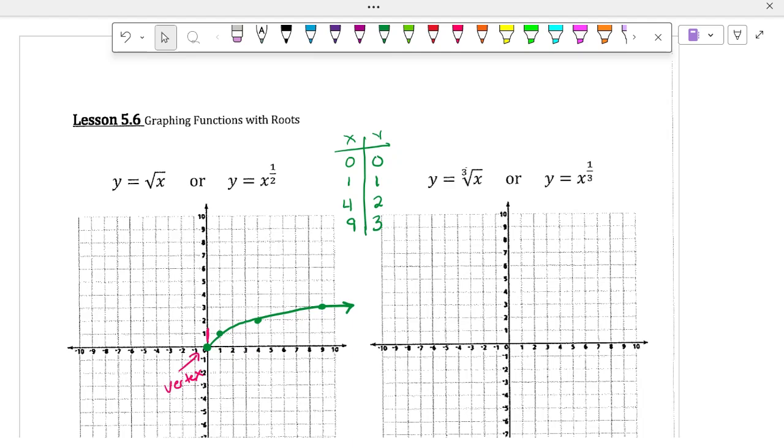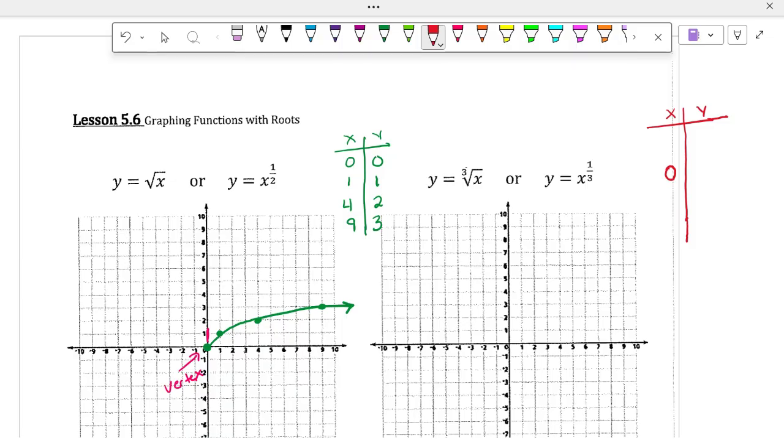So that means that I can go all around wherever I want. I can get into the negative x's, I can get positive x's. But I'm still going to put 0 in the middle. Because if you think about it, cube root of 0, and then you'll start seeing stuff repeating.